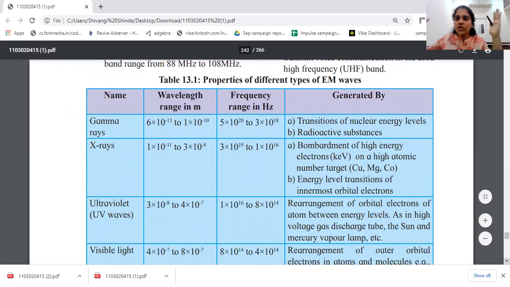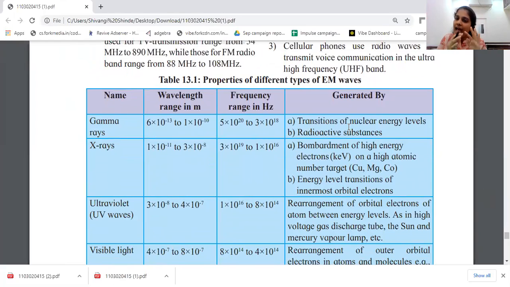This entire start to end frequency, that entire range, it is known as electromagnetic spectrum. And this entire electromagnetic spectrum is divided into various bands, various different categories. Every category has its own starting point and end point, and every category has its own name.